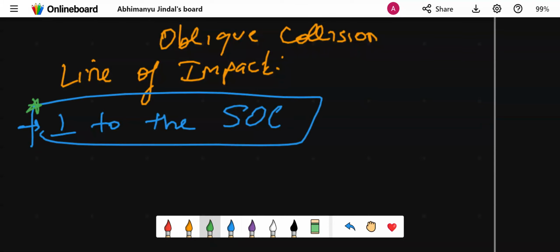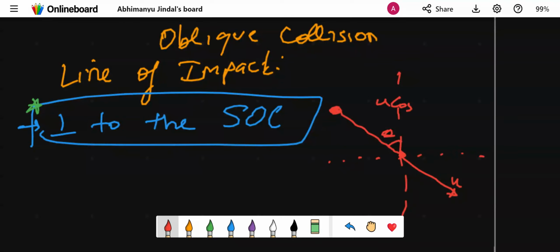Let's say this is a surface, and let's say here's a particle which was thrown like this and strikes the surface, and if this angle right here is theta, so this is u cos theta, agreed? This is u sin theta. Sorry, my bad. Because the direction here is downward, the u sin theta has to be this way, and u cos theta has to be this way.